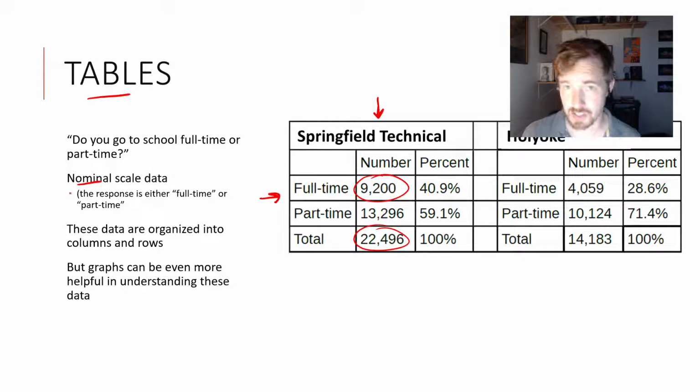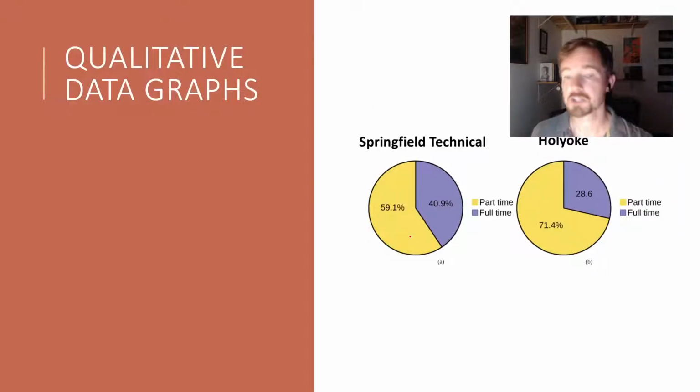But this way, it's very, very specific, but probably not really all that helpful if you're trying to catch someone's attention, right? You might use something like a pie chart to do that, which is what we see here. So if you have nominal data and you want to express it in a way that is graphically pleasing, a pie chart is the way to go.